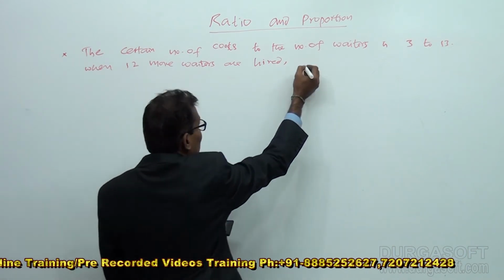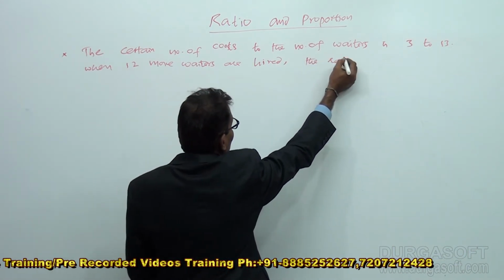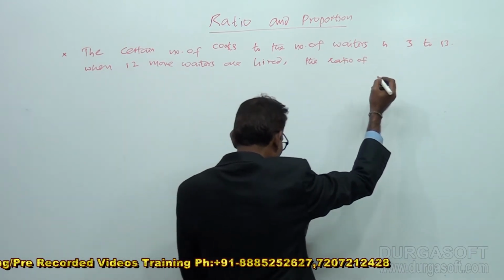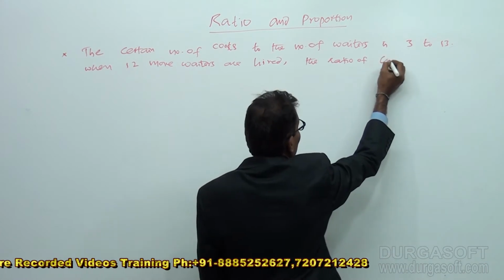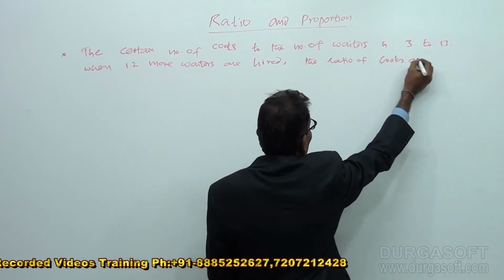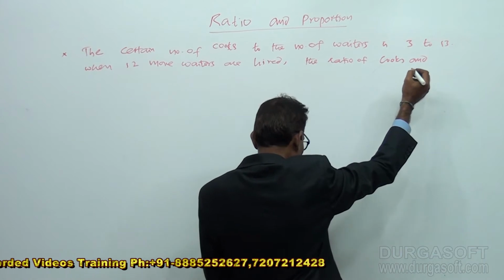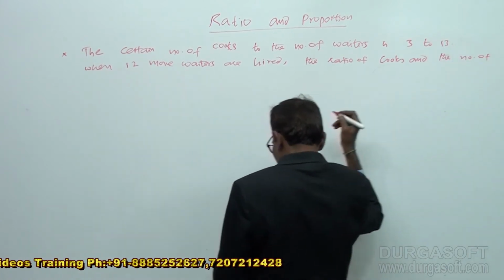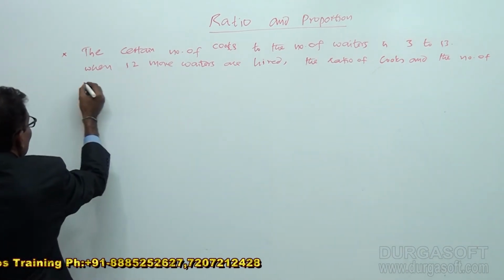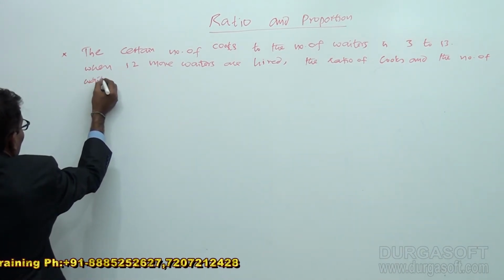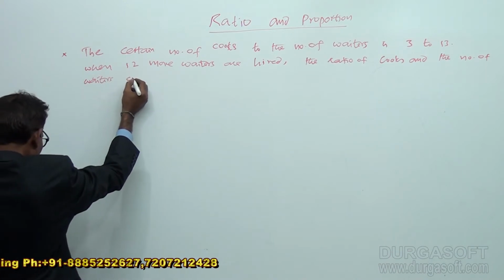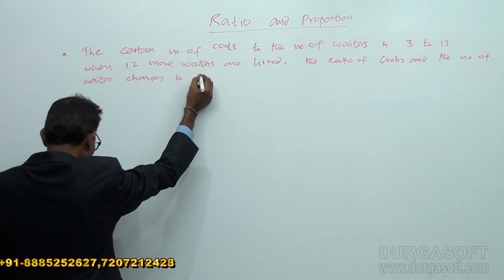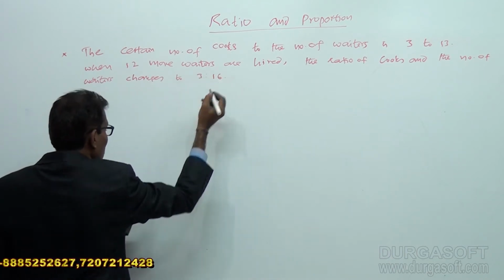The ratio of cooks and the number of waiters changes to 3:16.